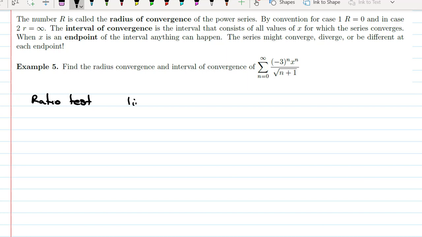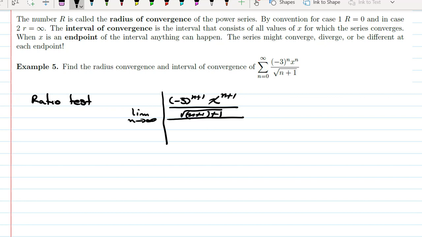So we're going to take the limit as n goes to infinity of (negative 3)^(n+1) x^(n+1) all over the square root of n plus 2, all over (negative 3)^n x^n all over the square root of n plus 1.